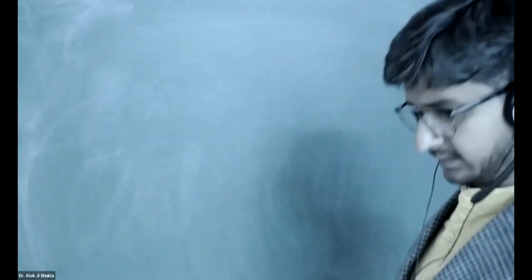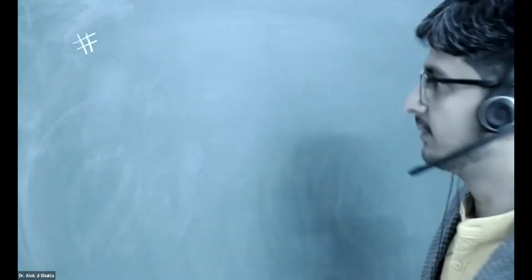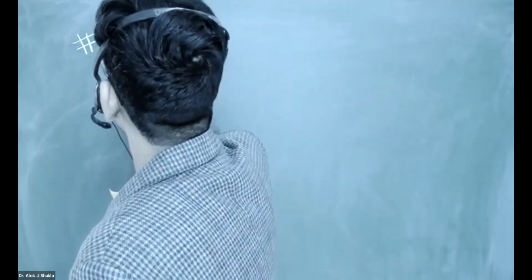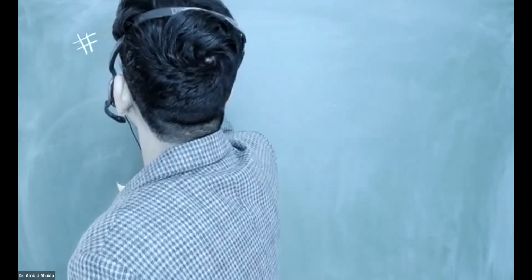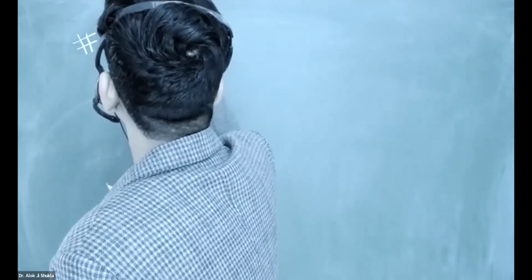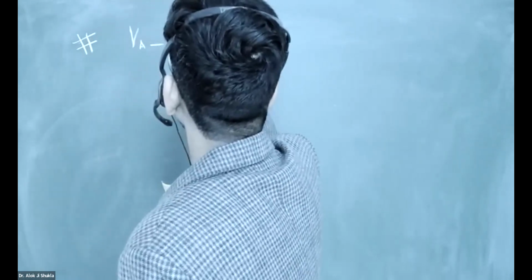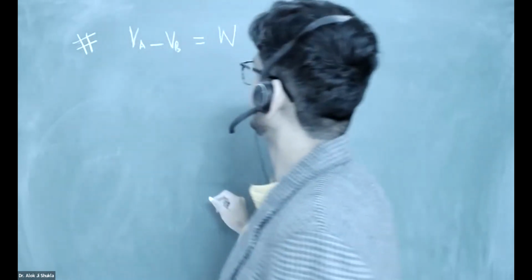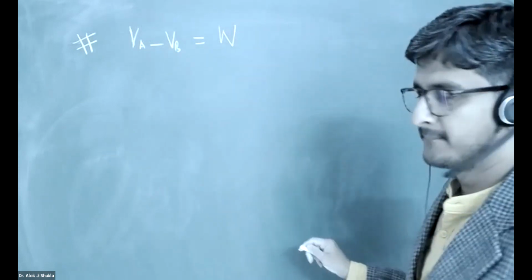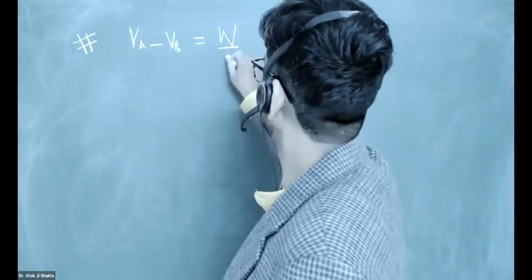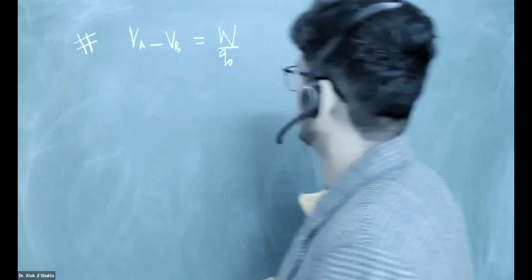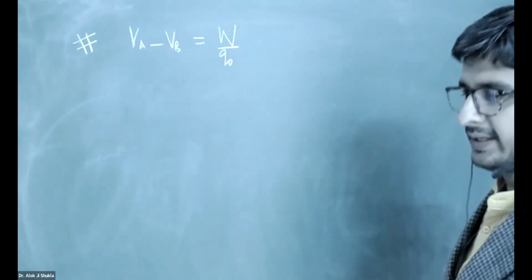So now let me discuss a little bit about the energy that I have told you already, that potential and energies are related, right? Potential difference between 2 points, VA minus VB, is equal to W, work done by the charge.